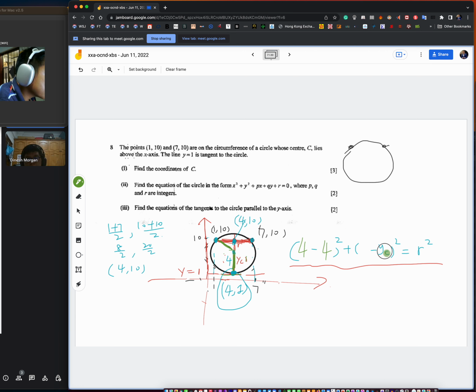This one should be equal to 4 minus 1. Then you take yc minus 10.